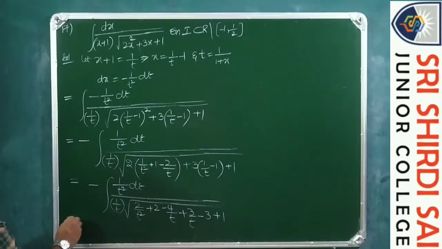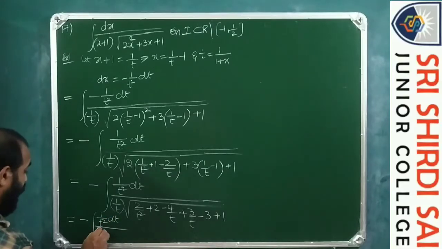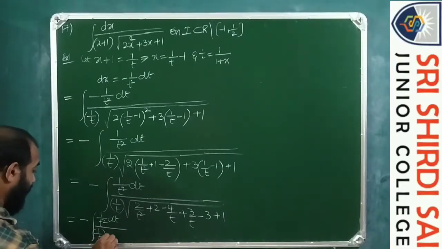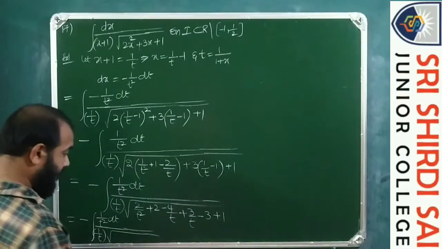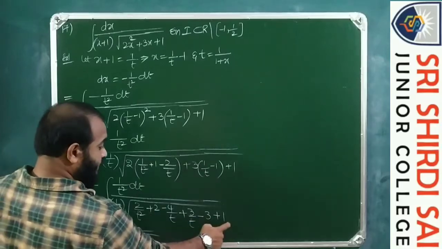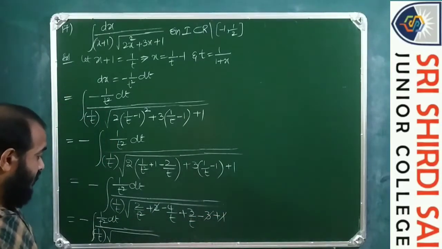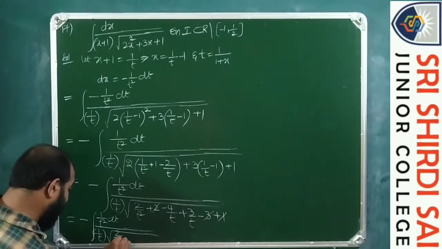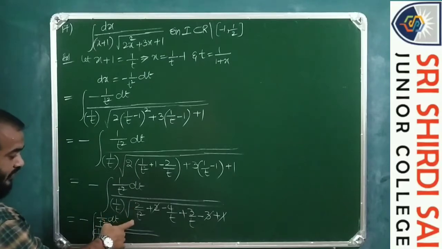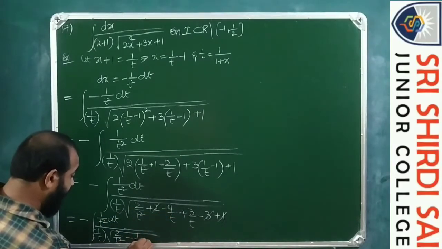This implies minus integral 1 by t square dt by, this is 1 by t into, this is 2 plus 1 is 3, 3 minus 3, so cancel. So this is 2 by t square minus 4 by t plus 3 by t is minus 1 by t.